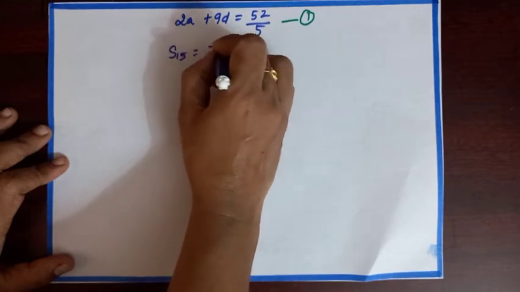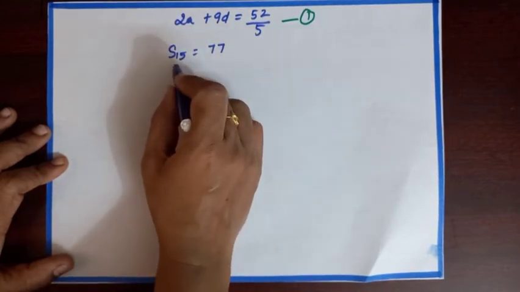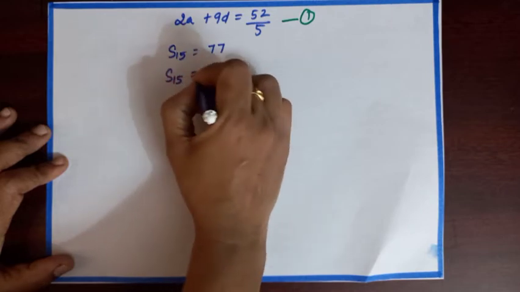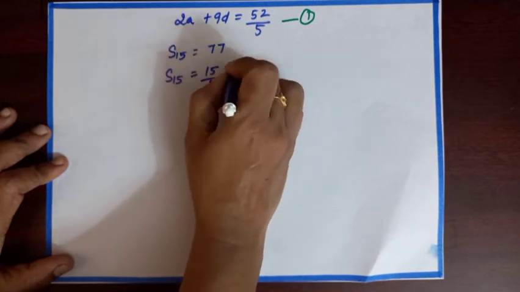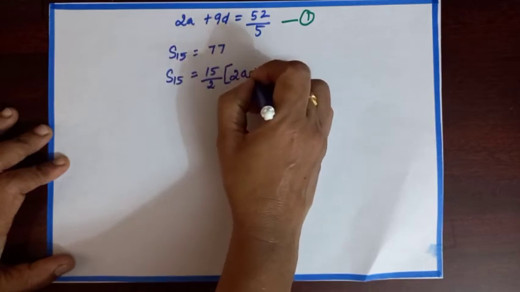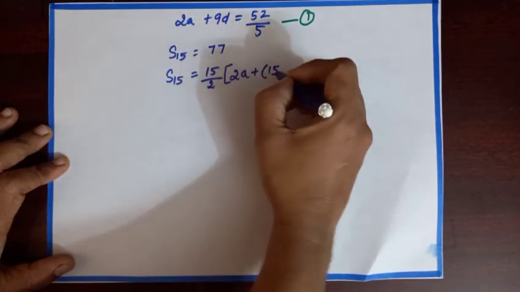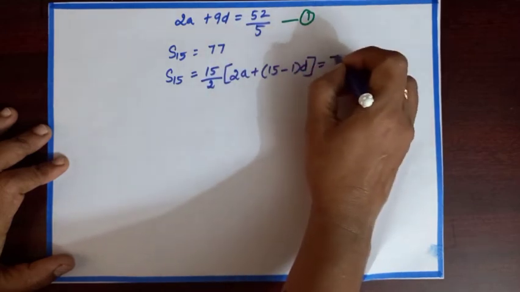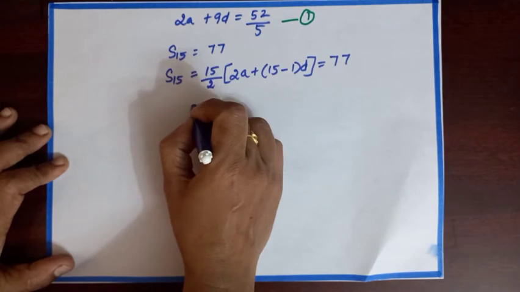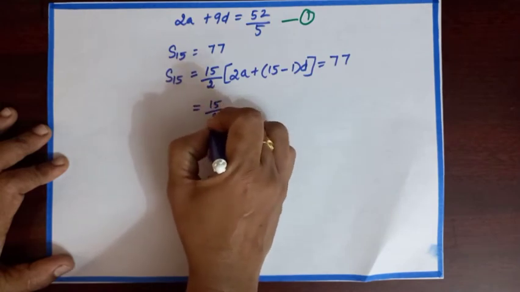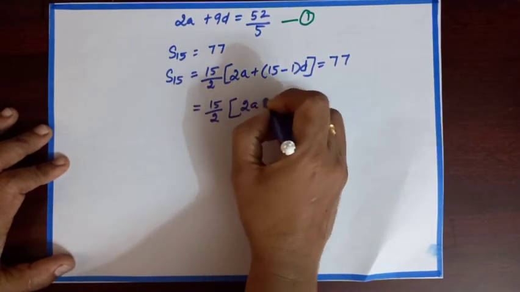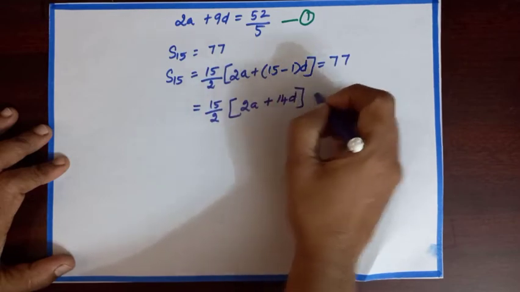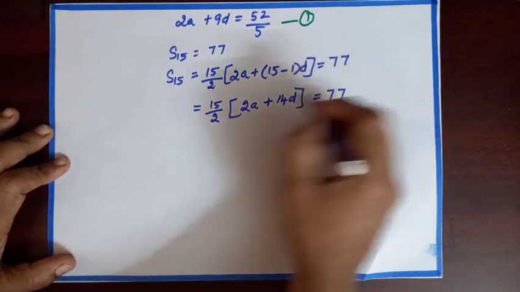Next we need to find S15. S15 is equal to 77. Now in place of n we have to substitute 15. Therefore S15 equal to 15 by 2 into 2a plus 15 minus 1 into d, which is equal to 77. That is 15 by 2 into 2a plus 14d, since 15 minus 1 is 14, which is equal to 77.